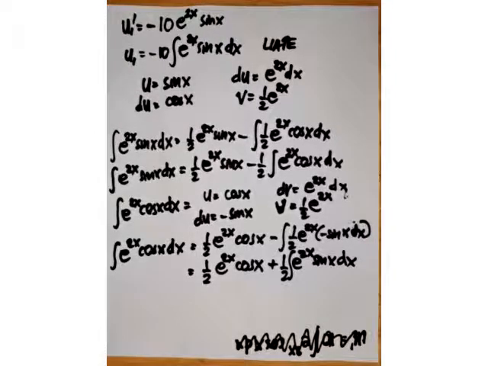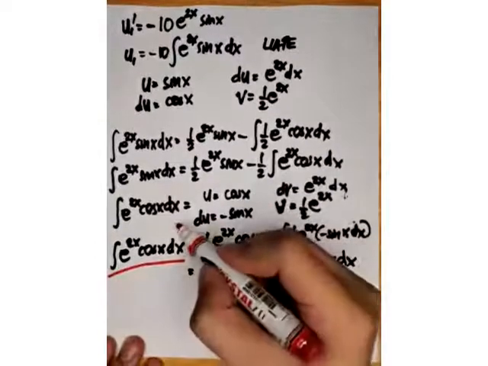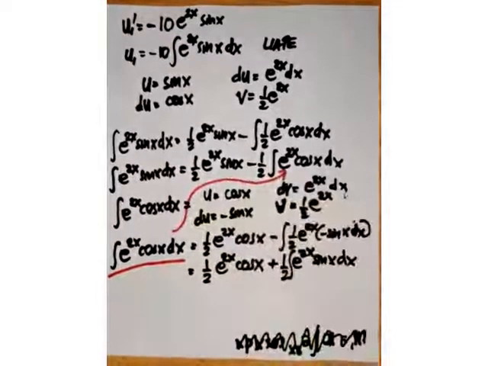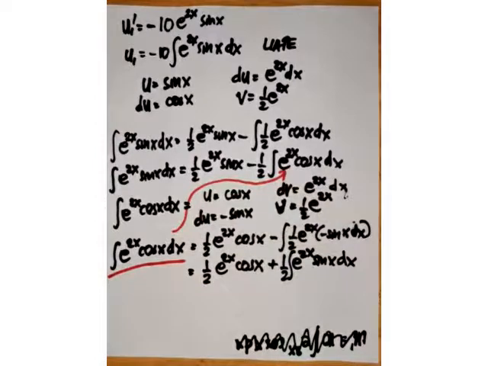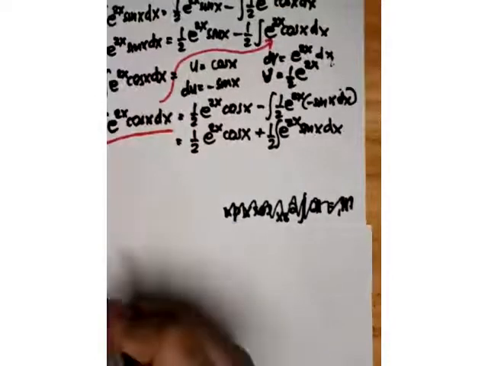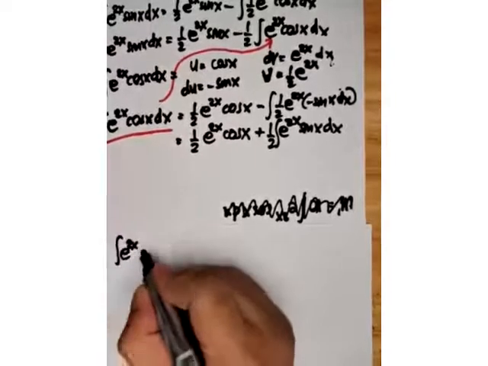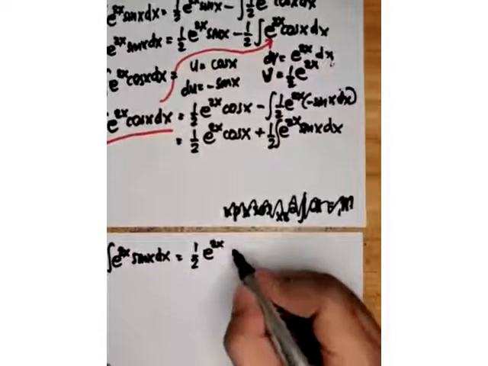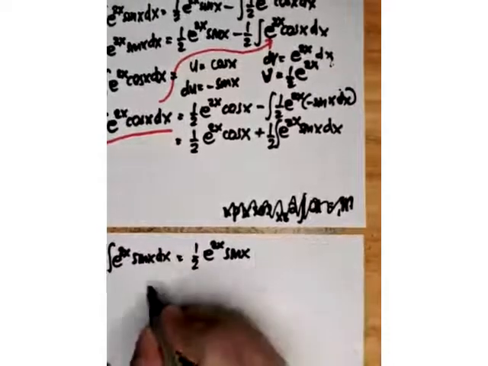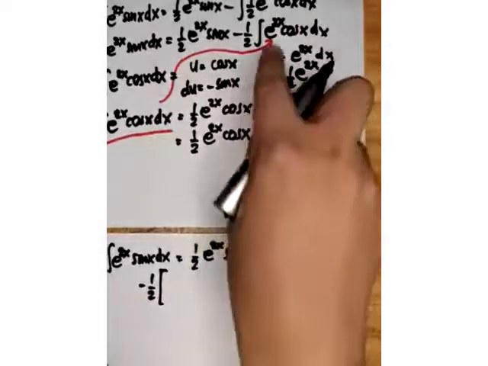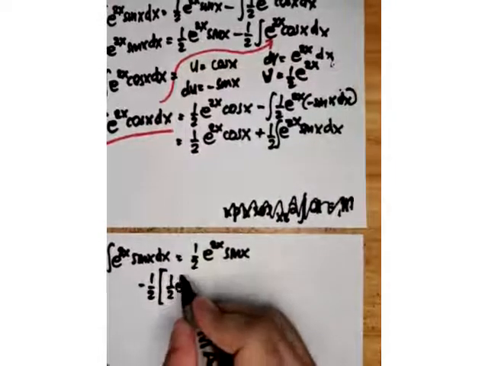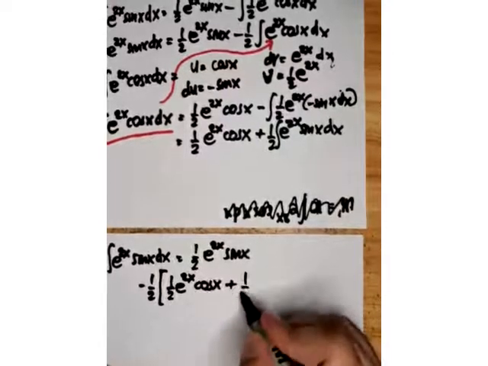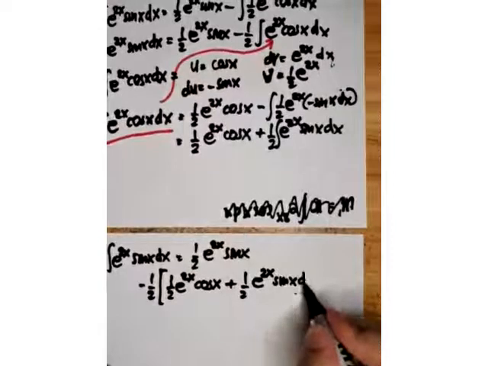Okay? So what I'll do is substitute this here. Therefore, the integral of e raised to 2x sine x dx is equal to 1/2 e raised to 2x sine x minus 1/2 times, this whole thing, 1/2 e raised to 2x cosine x plus 1/2 the integral of e raised to 2x sine x dx.